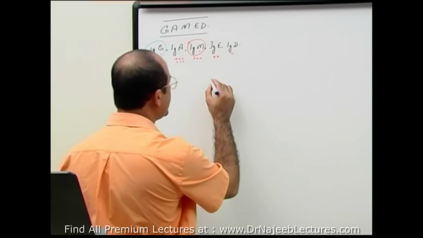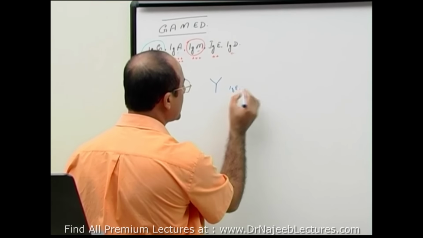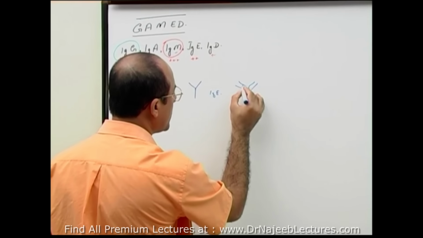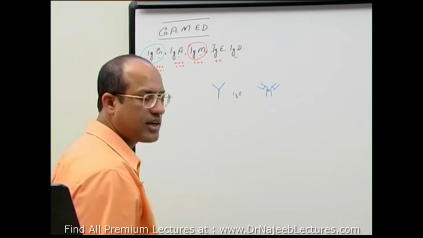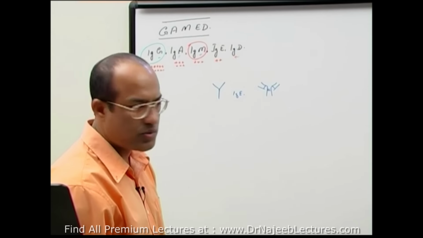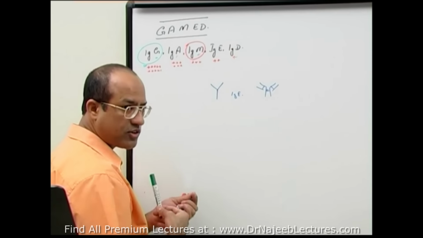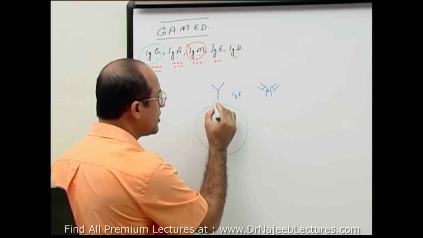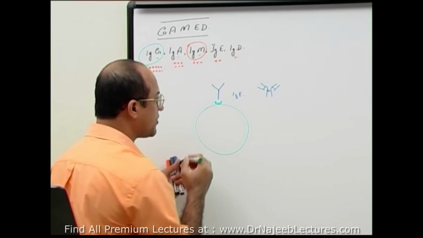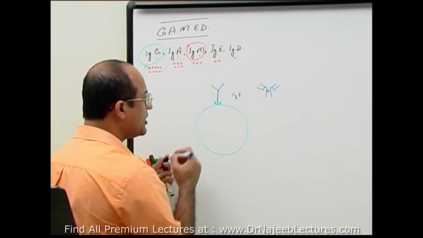For example, once IgE is made, suppose this is IgE. Again, it has two heavy chains and two light chains held together by disulfide bonds. So IgE exists as a monomer with divalence. But most of the IgE present in your body right now is bound to mast cells, because mast cells have receptors for the Fc portion of IgE.